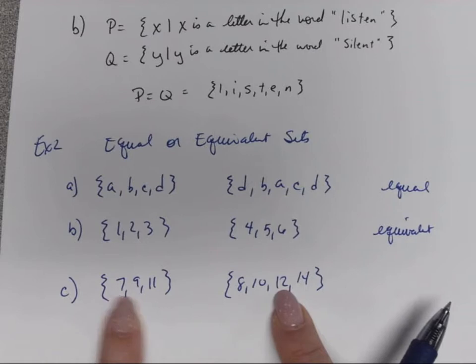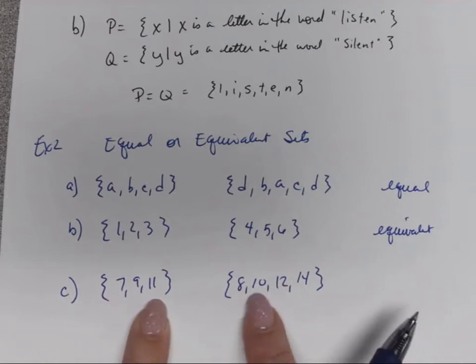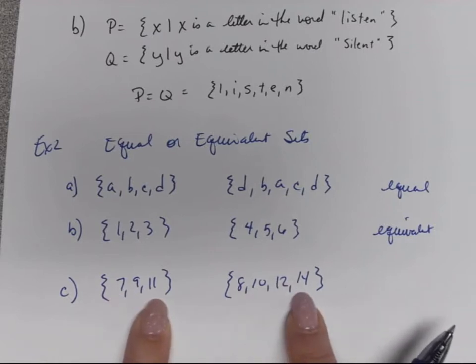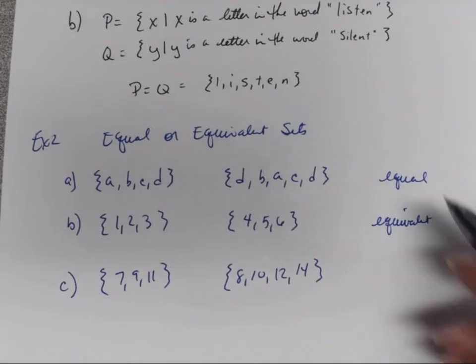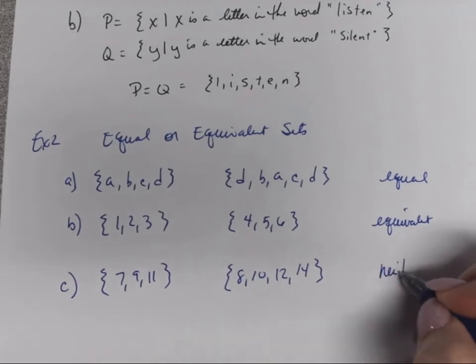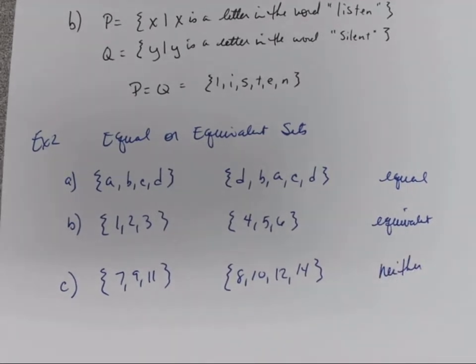The number of elements, 1, 2, 3 elements here, 1, 2, 3, 4 elements here, well, they're not equivalent either. So this would be a case where they're neither. They are not equal sets. They don't have the exact same things and the same number or count of what's in there is not the same. So this would be a case where they're neither equal nor equivalent, just to make sure we have that as clear.